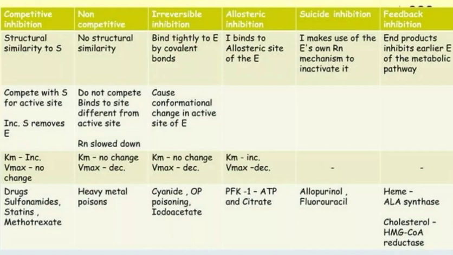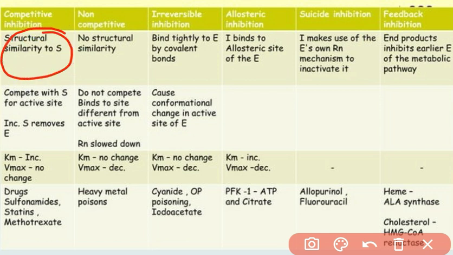So here in this chart, I can summarize all the inhibitions: competitive, non-competitive, irreversible, allosteric, suicide and feedback. Looking one by one, in competitive inhibition, the inhibitor molecule is structurally similar to the substrate and competes for binding to the active site of the enzyme.